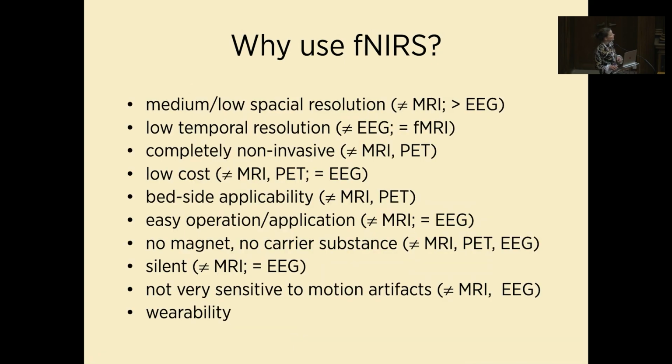So all in all, functional near-infrared spectroscopy, when applied to active, typical, so non-clinical human populations, has quite a few advantages over some techniques. So as we discussed, it has not very high but accurate spatial resolution, low temporal resolution, but it is completely non-invasive. So this is really a huge advantage when we are working with babies or small children.